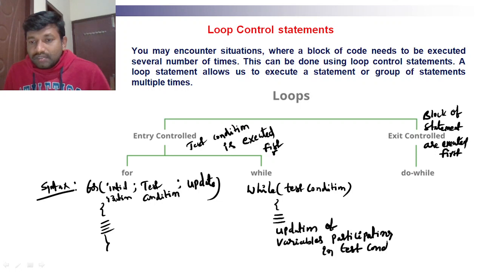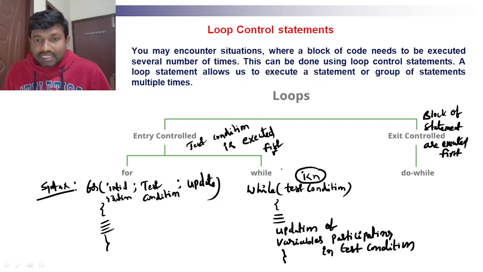Even before the test condition, if I simply write i less than n, make sure that the i value and n value are available prior to this test condition. That is the reason why we say that before the test condition in the while loop, initialization must be done, initialization of variables which are participating in the test condition.